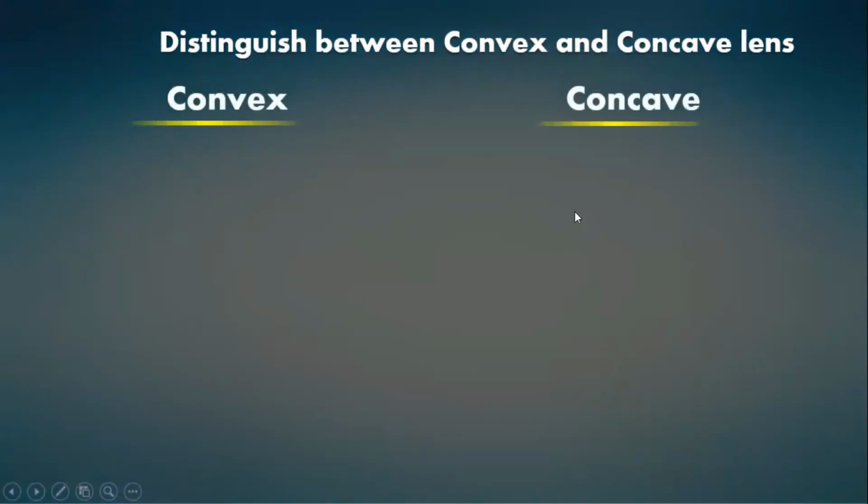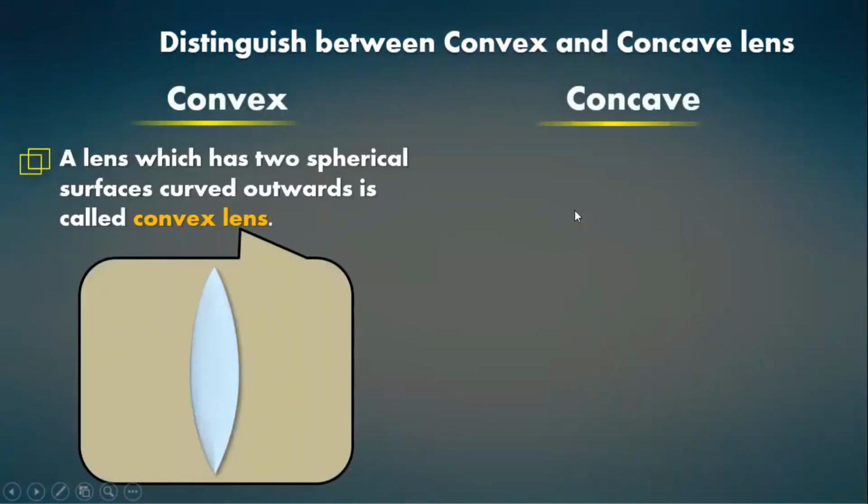Now just see the distinguishing factors between convex and concave lenses. A lens which has two spherical surfaces curved outwards is called a convex lens, and concave is the same thing, two spherical surfaces but curved inwards. A convex lens is thick at the center and thin at the edges.